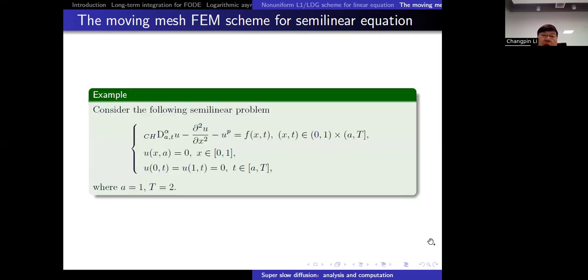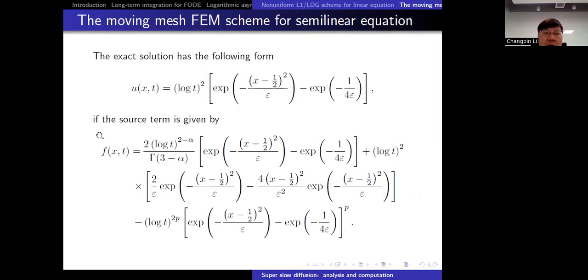Now we consider the following semilinear problem. Okay, this has a homogeneous initial condition and homogeneous boundary condition. Okay, this is the starting time. If the source term is chosen like this, we have a solution like this.